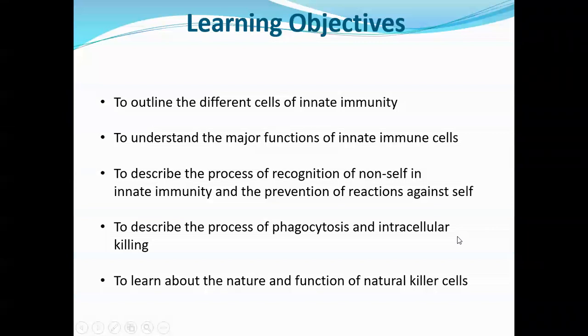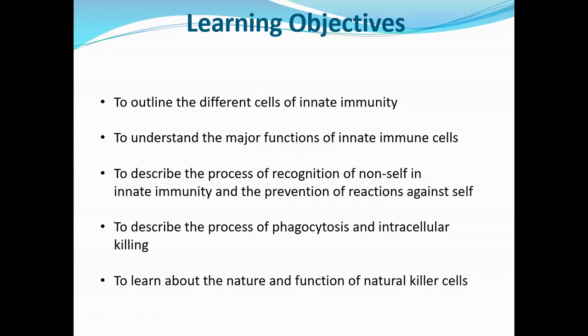So the objectives of this lecture are to talk about the different cells that we classify as part of innate immunity, to talk about the functions of each group of cells, to describe how they recognize what we know as self versus non-self, and to talk about how they function, how they perform their different actions.